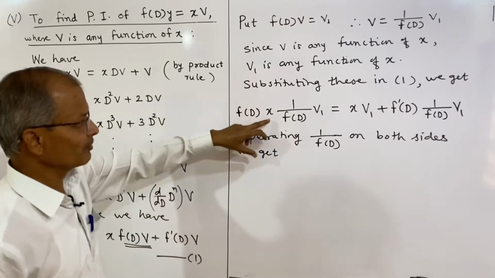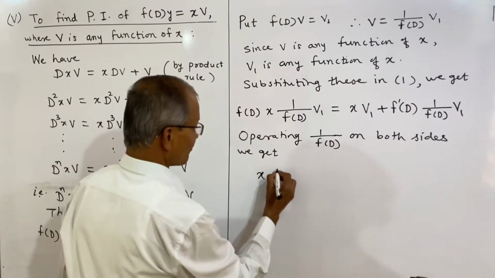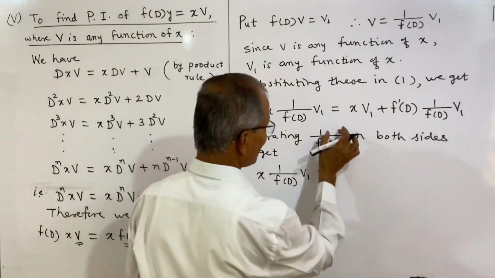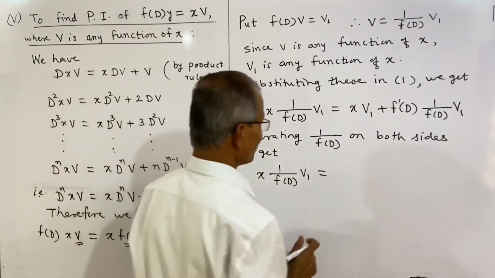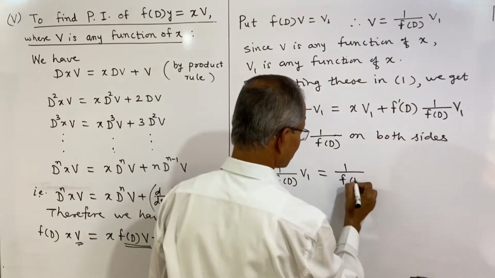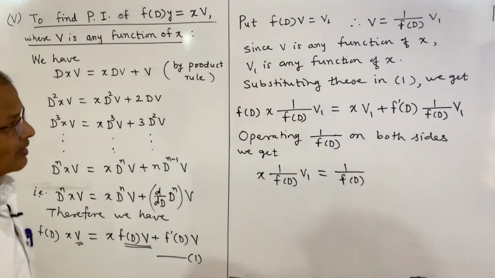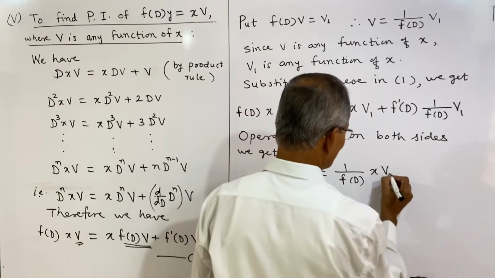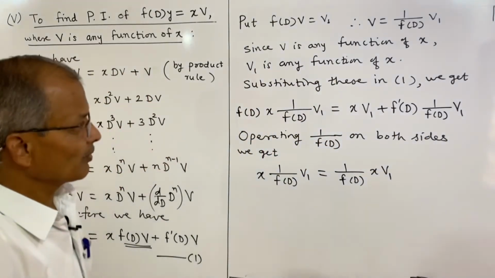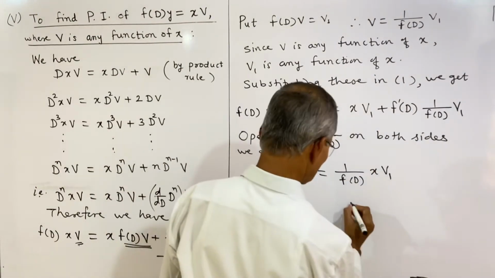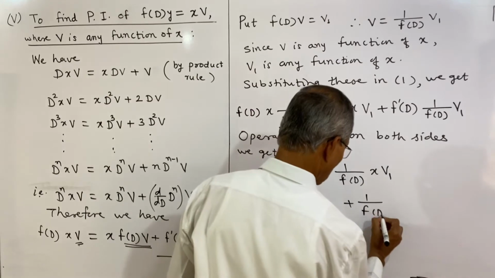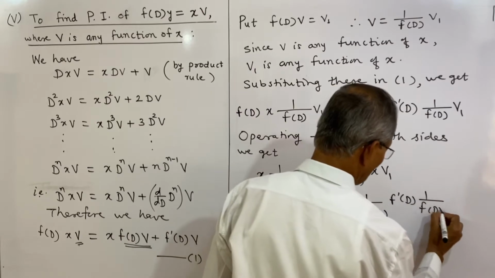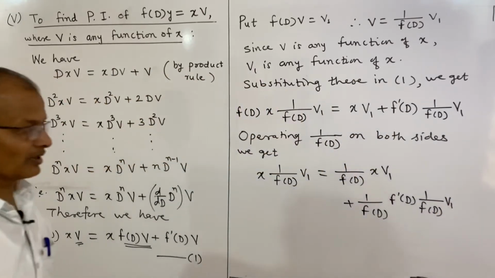What remains on the left side is x, 1 upon f of d operated on v1, is equal to 1 upon f of d operated on x into v1, and plus 1 upon f of d, f dash of d, again 1 upon f of d operated on v1. So this is the relation that we have obtained.